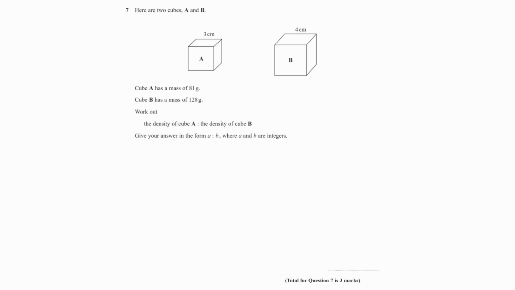Okay, so we've got two cubes here, A and B. Cube A has a mass of 81 grams, cube B has a mass of 128 grams, so I'm just going to get the key information. I want to get density, so I know I'm going to have to work out the volume. So first of all, I'm going to work out the volume for each cube.